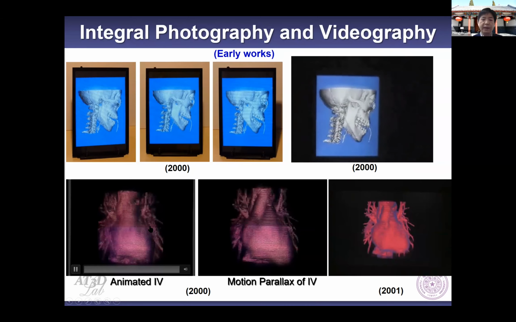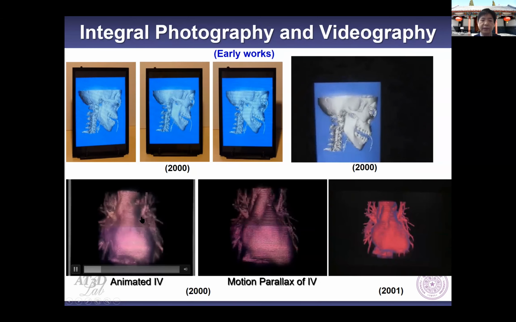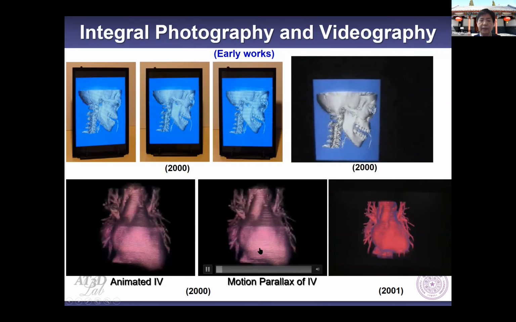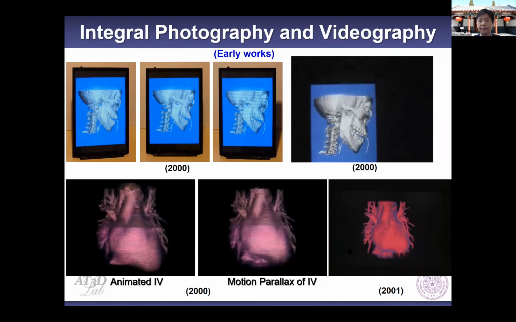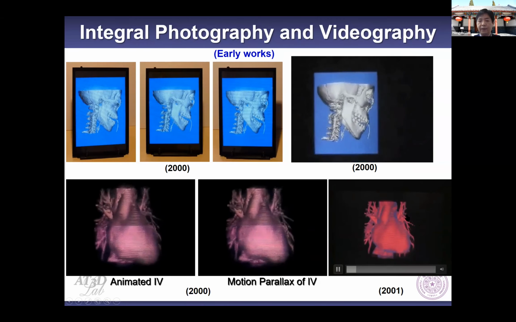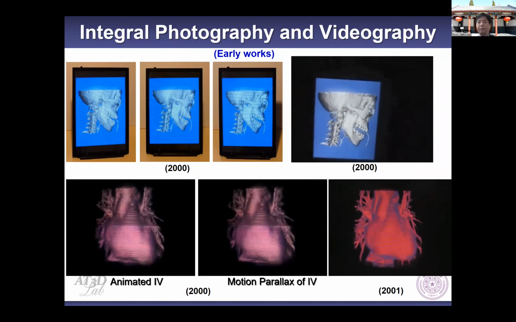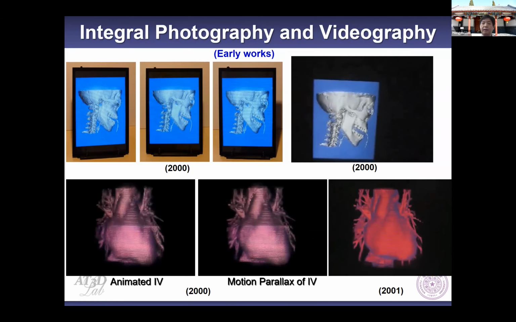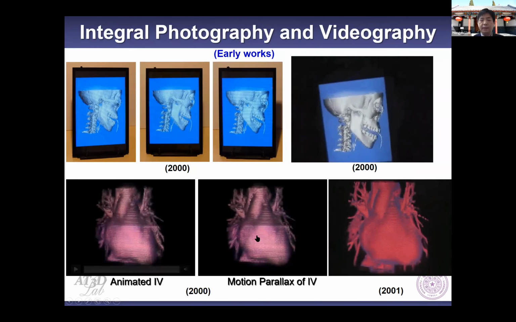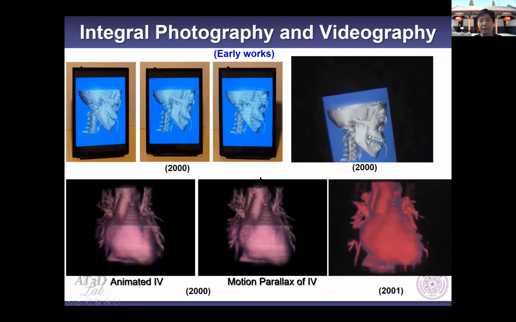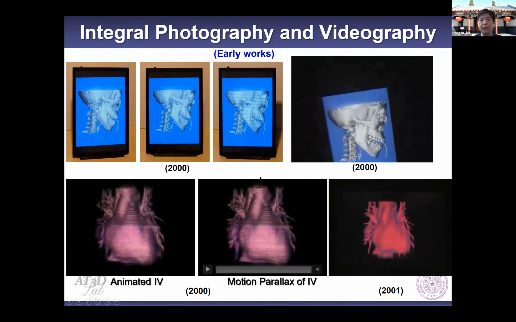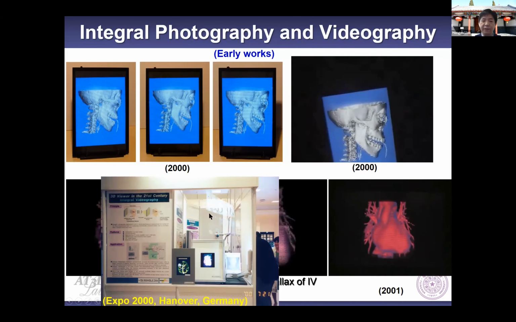We can also make an animated 3D display with a beating heart, the animated image with motion analysis, shown on the autostereoscopic display. This video was captured about 20 years ago. We also had some demonstrations at Hannover Expo 2000.